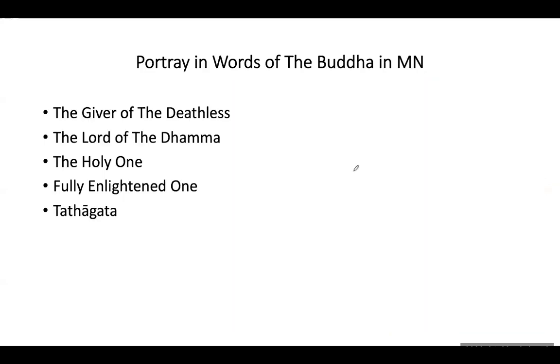When you read the sutras in the Majjhima Nikaya, there are words or phrases that describe the Buddha, such as the giver of the deathless, the Lord of the Dhamma, the Holy One, the fully enlightened one, Tathagata.